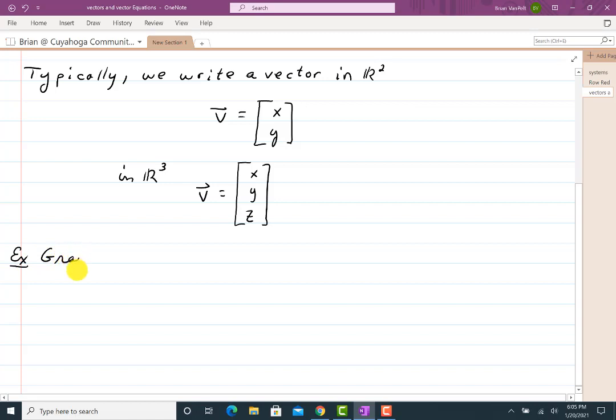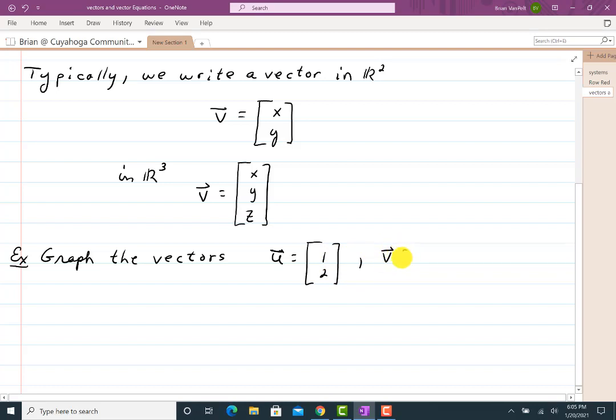Let's graph the following vectors, and let me give each of them names. We'll start with U. Notice the arrow on top indicating it's a vector. I'll graph U equals 1, 2.